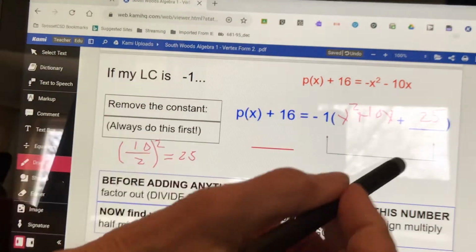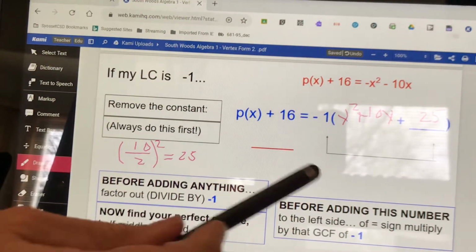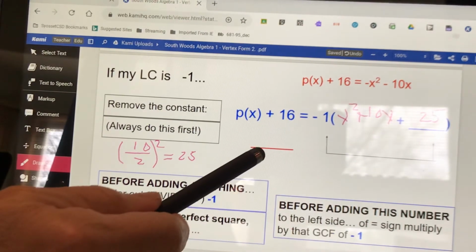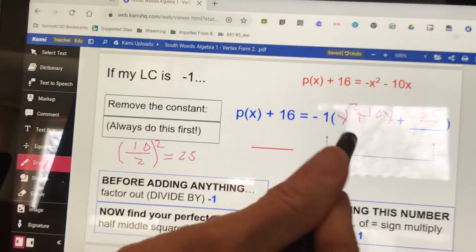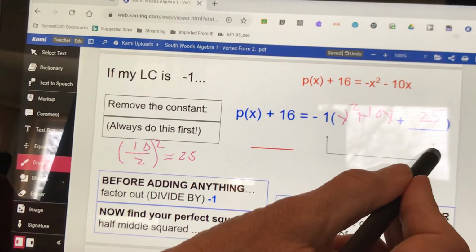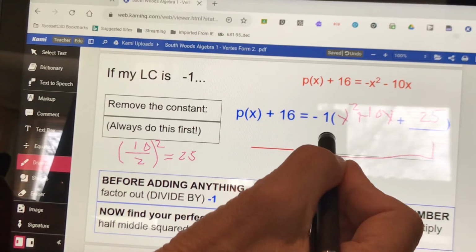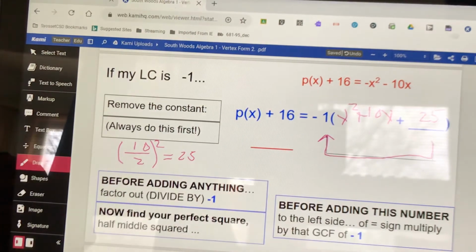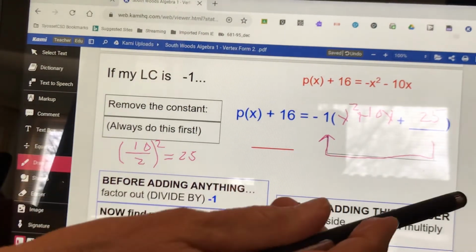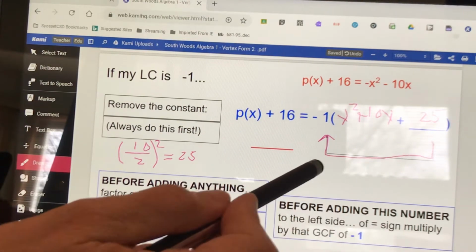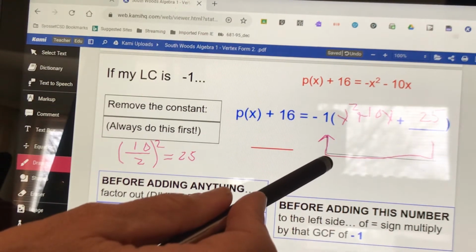Again, wait. We can't add the 25 to the other side the way it is, because on the way out, it's within that parentheses, it's not really positive 25, it's multiplied to -1. So you need to multiply the 25 in order to take it out of the parentheses to the -1.